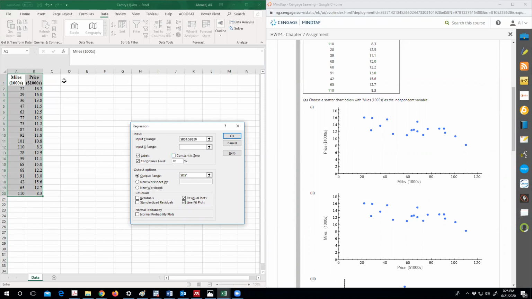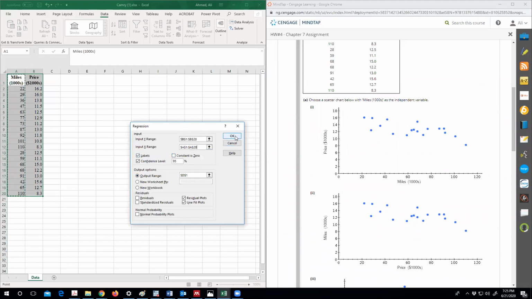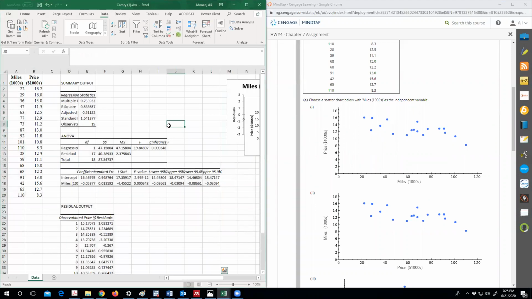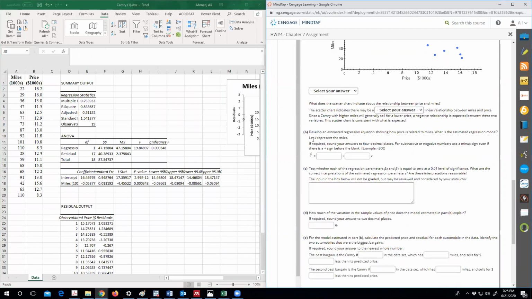X is the independent variable, but it can be anywhere in the data. Sometimes we have to decide what is independent, but in these questions, they're actually telling us. So let X represent the miles. So X is the independent variable and is the miles.